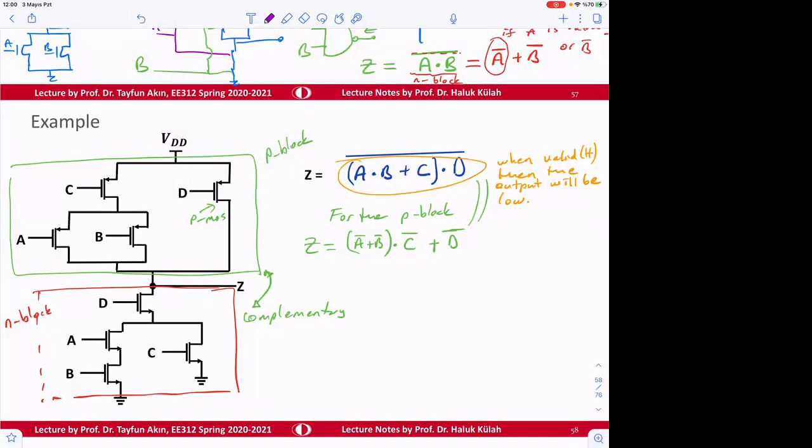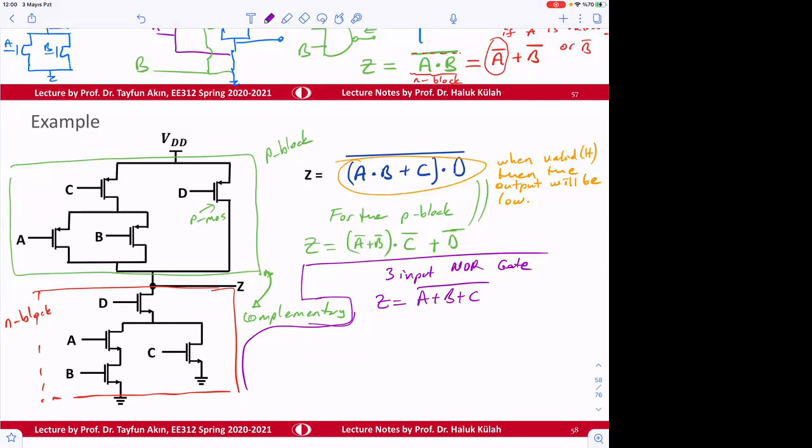Okay, so let's say you want to make a NOR gate, right? So for the NOR gate, let's say a 3 input NOR gate, where Z is equal to A or B or C bar.